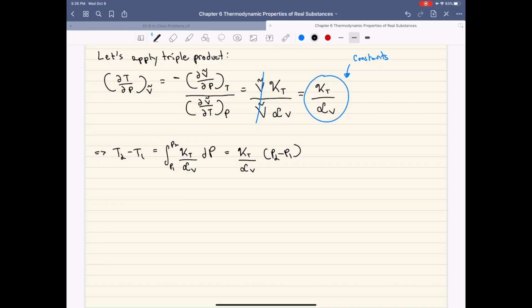In the end, we want to figure out T2, so T2 is just equal to this.